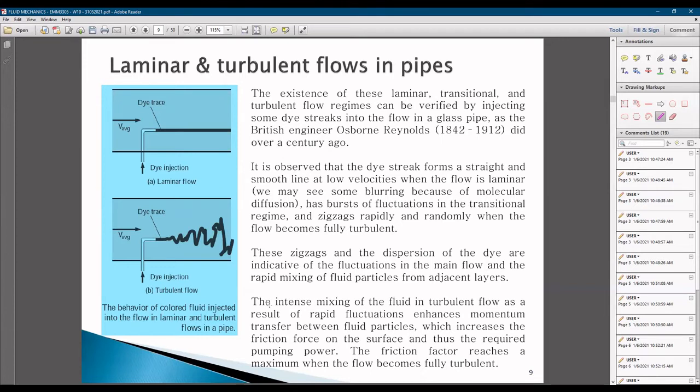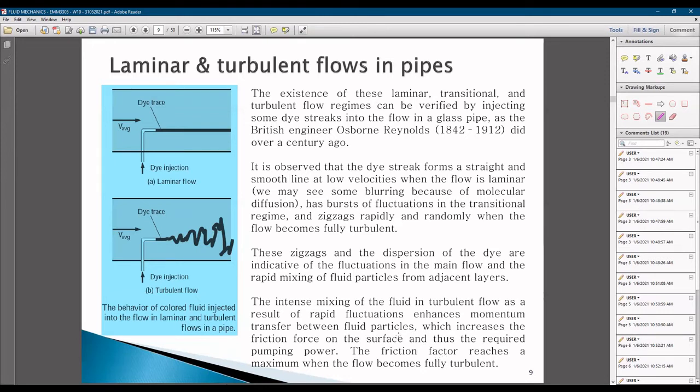The intense mixing of the fluid in turbulent flow, as a result of rapid fluctuation, enhances momentum transfer between fluid particles, which increases the friction force on the surface and thus the required pumping power. The friction factor reaches a maximum when the flow becomes fully turbulent.